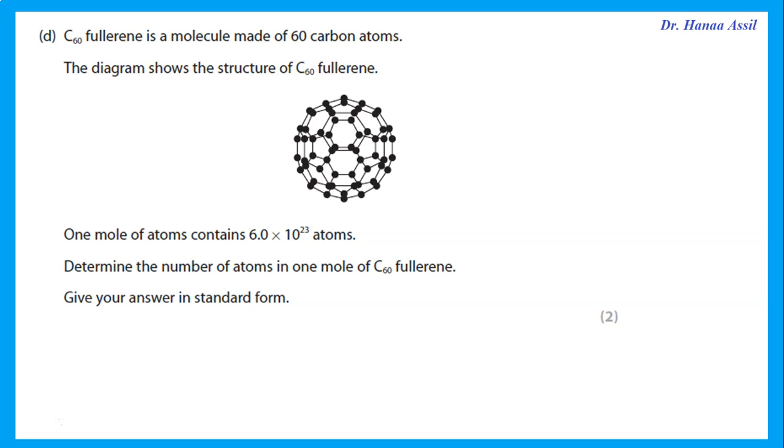So you should know that C60 has 60 carbon atoms. If I have 6 times 10 to the 23 molecules in 1 mole, that means we have a total of 60 times 6 times 10 to the 23 atoms. So this is the number of atoms in 1 mole of fullerene.